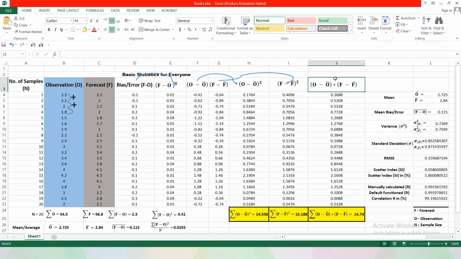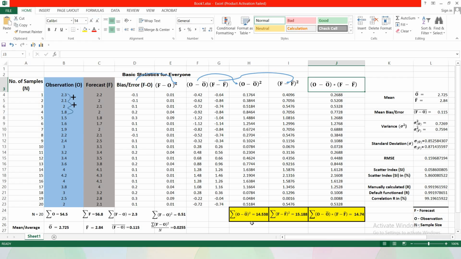And the final term, the summation of the products of the two differences, the difference between the observation and mean of the observation, and the difference between the forecast and mean of the forecast, that is sigma (o minus o bar) into (f minus f bar), right? So we have created all these columns and computed all these summation terms and mean terms.